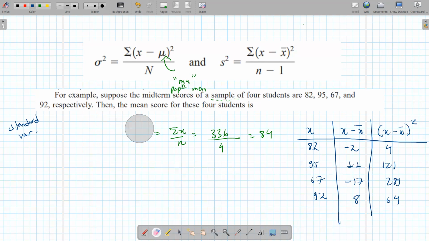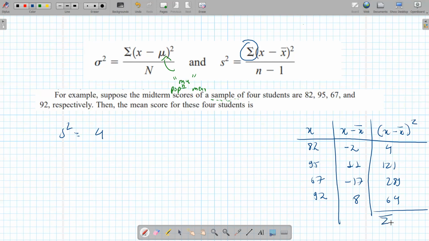And then finally, you plug it into that formula. S squared is going to be the summation of (X minus X bar) squared over n minus 1. Summation just means you add everything up. So it's going to be 4 plus 121 plus 289 plus 64 on the numerator, divided by 4 minus 1.